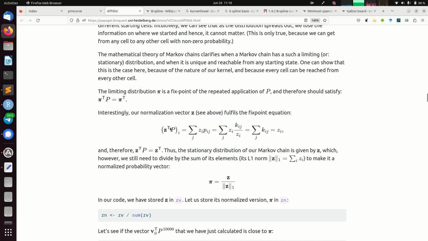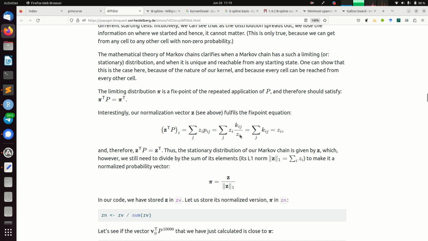And we can easily see what's happening here. If I take this vector z and multiply it, so this of course written as matrix vector multiplication means I sum over all the columns and have now here the ith component of the probability, starting according to the vector z, of ending up at cell i. We have to go over all the others, j, multiply this out, but this P_ij, we got it from our original kernel matrix K_ij by normalizing with z.